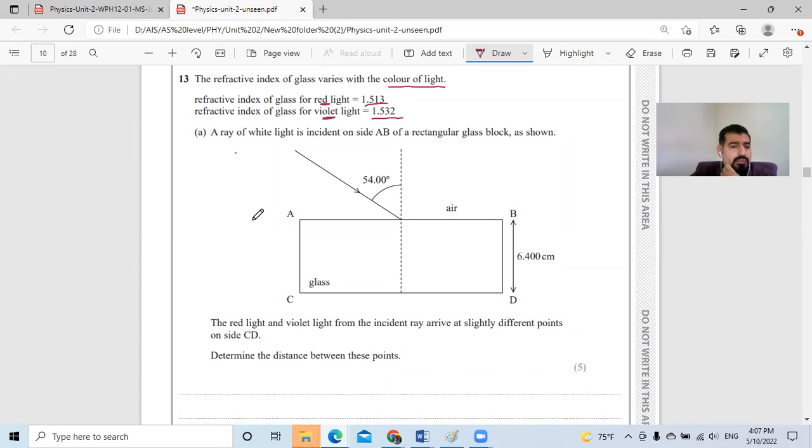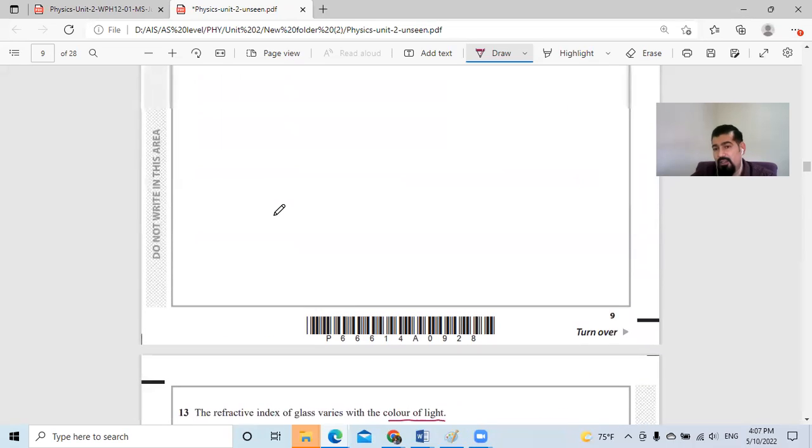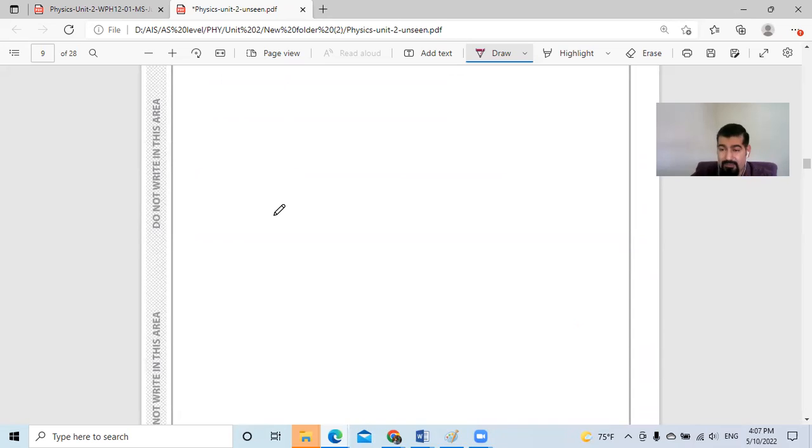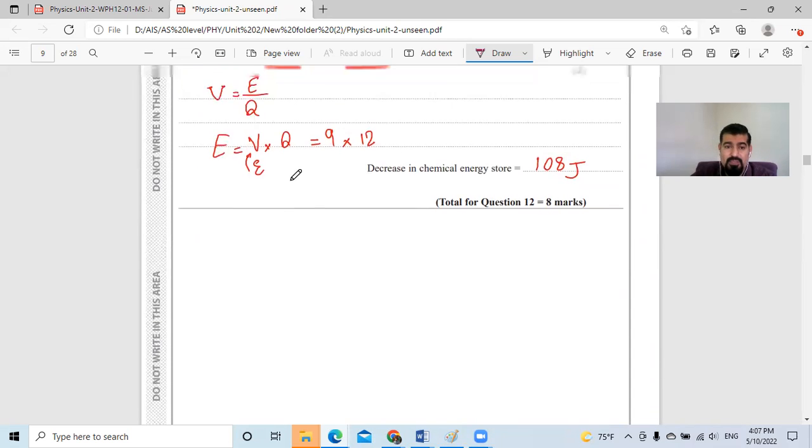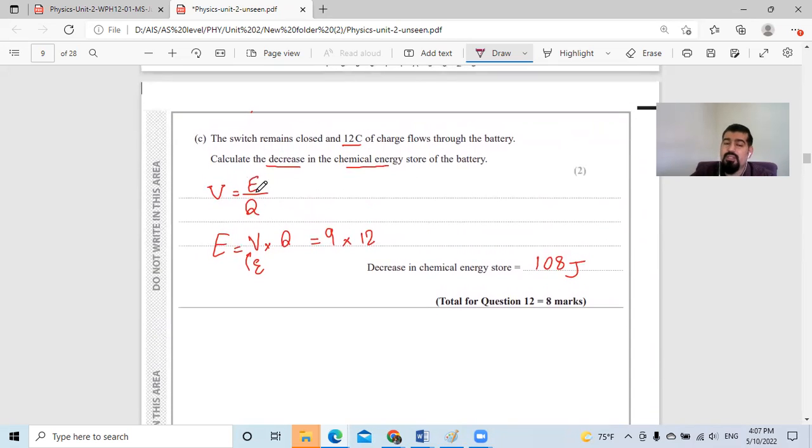Is there an equation for chemical energy? Chemical energy by itself? No. But you are going to study it later in chemistry or in physics A2. Here, because we are talking about the amount of energy stored in the battery, by cross multiplication energy equals the potential difference multiplied by the charge, or energy equals VIt.